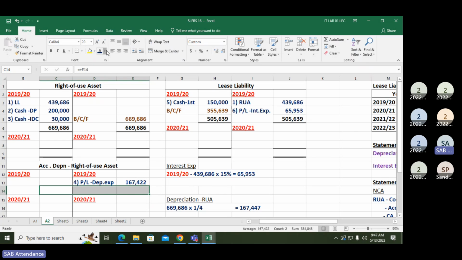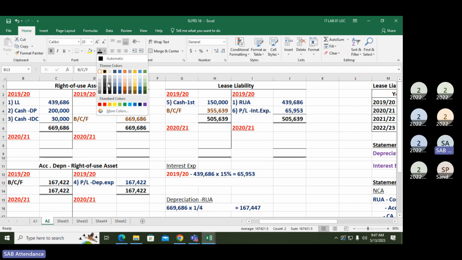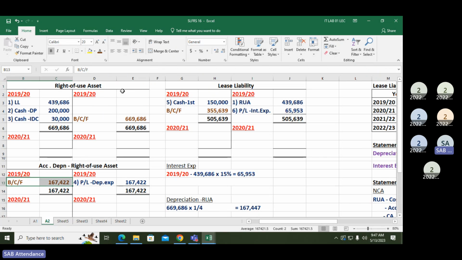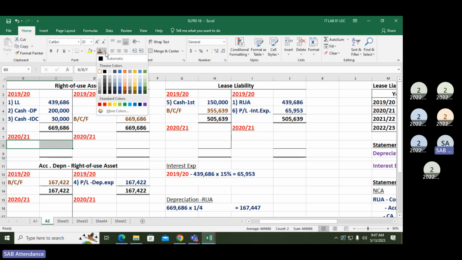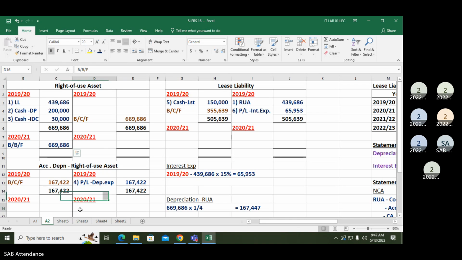So at the end of the first year, you have the accumulated depreciation carried forward balance. So this becomes the right of use asset opening balance of the next year. And accumulated depreciation, we have this as the opening balance. And the lease liability, we have this 355 opening balance.